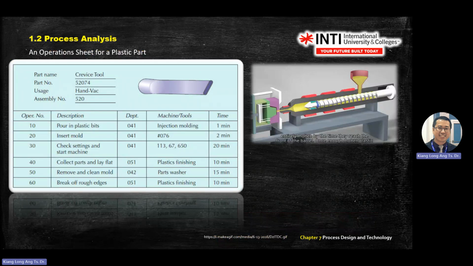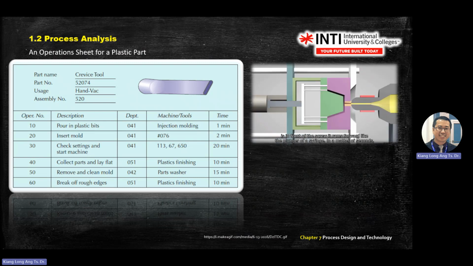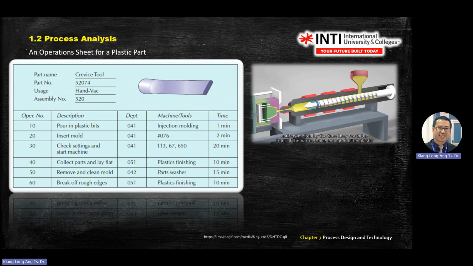Another one is the plastic process. This will be a very simplified document. If you go to a manufacturing plant, especially the production floor, you will see the production manager stick something on the station.